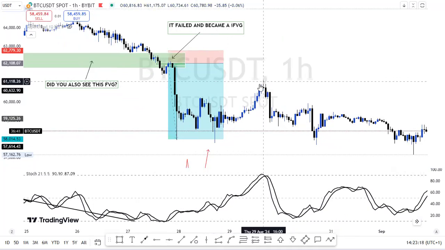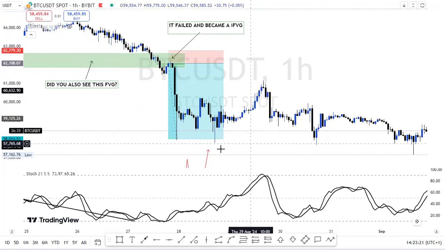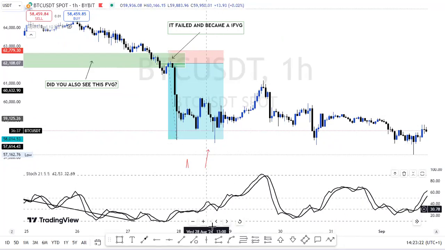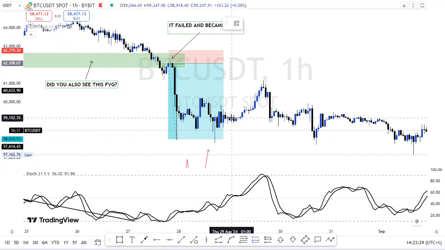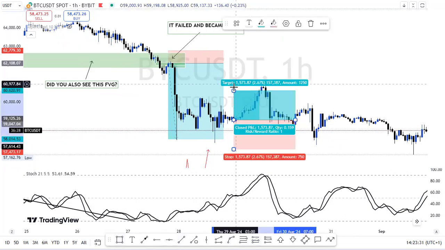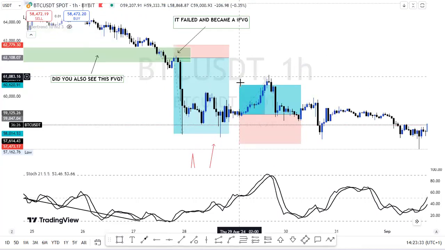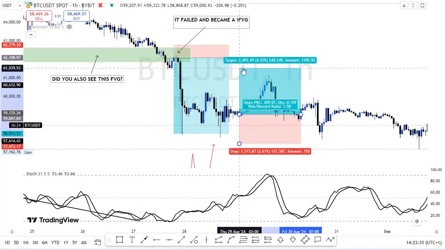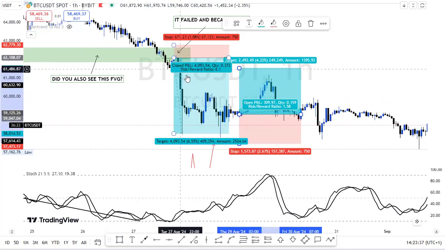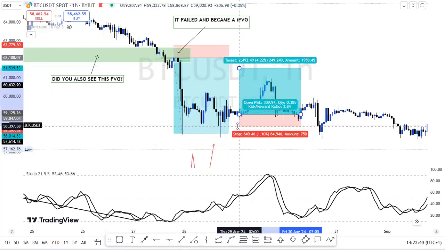Look at this high here. A lot of people might look at this and say, okay, they want to buy here, they want to take profits on that retracement. They want to buy the retracement to this gap, put their stop somewhere around here, like that.